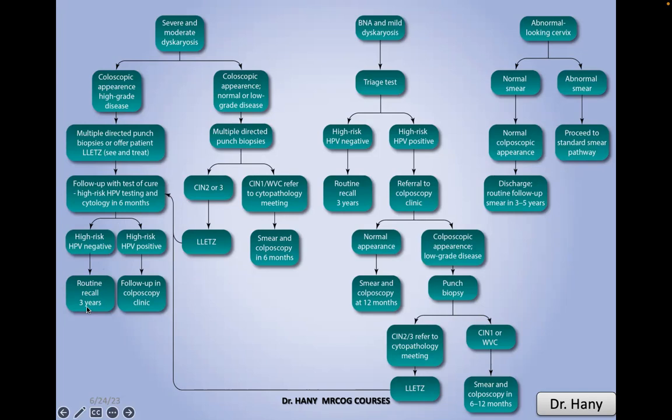This is the target, this is how I will do. Borderline nuclear or mild dyskaryosis, human papillomavirus negative, routine recall, positive, colposcopy. According to the appearance at colposcopy, low grade, punch biopsy, CIN1, annual follow-up, CIN2 or 3, treatment, LEEP.